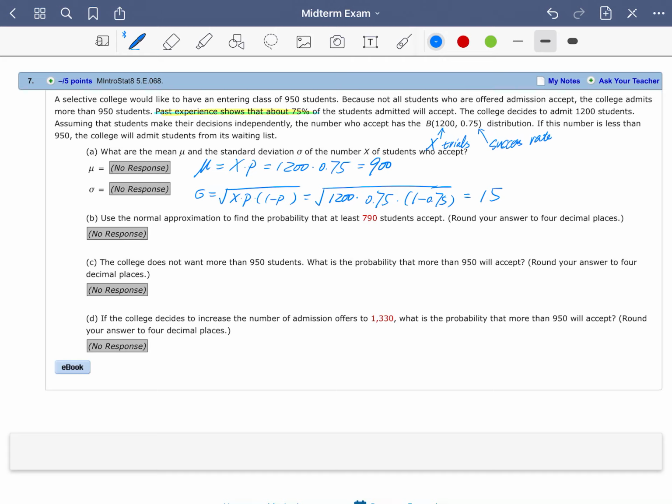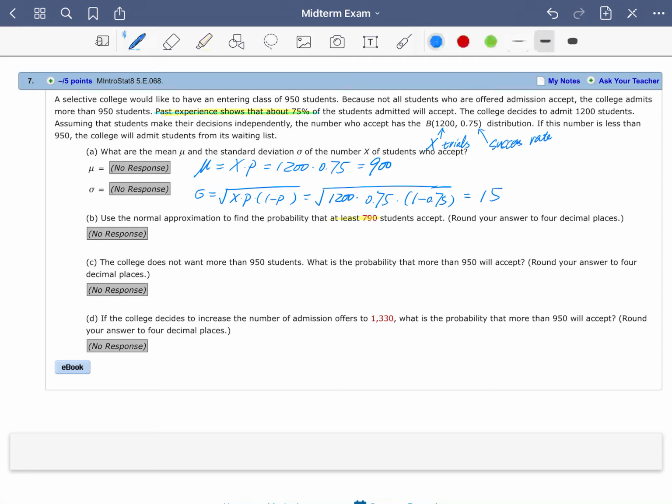And now part B. We need to use normal approximation to find the probability that at least 790 students will accept. You will have to use the z-table to find that. Whenever you hear z-table, you know that you will have to calculate the z-score.